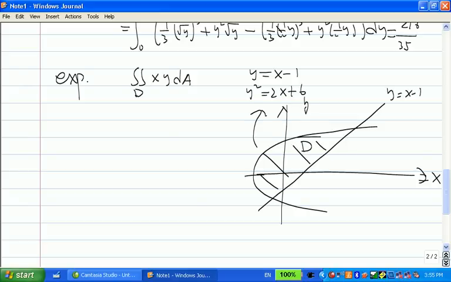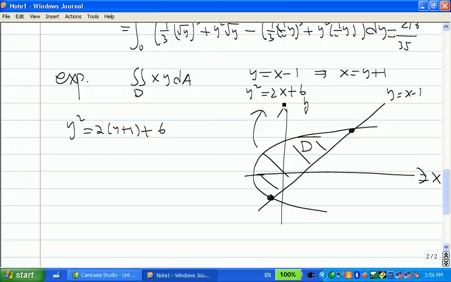Now, before we do anything, we have to find these intersections to describe this region. How do we find the intersection? Let's solve for x this time. So from here, x equals y plus 1. I put that back, so y squared equals 2 times y plus 1, plus 6.